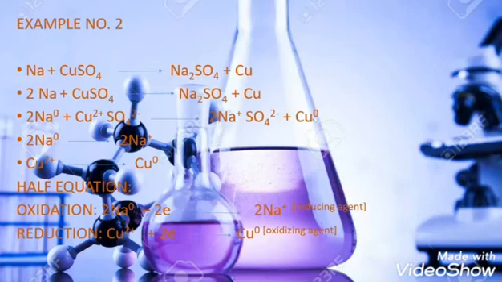And since you are gaining electrons in reduction, the symbol would be plus. So therefore, the half equation would be Cu +2 plus 2 electrons to give you Cu neutral. And copper is my oxidizing agent or my oxidant.